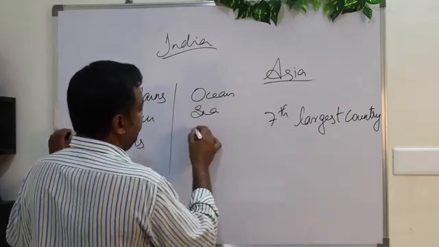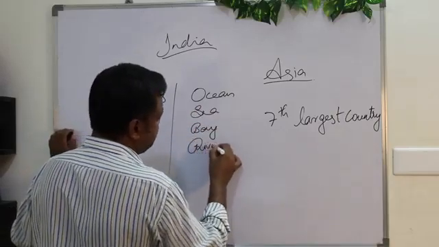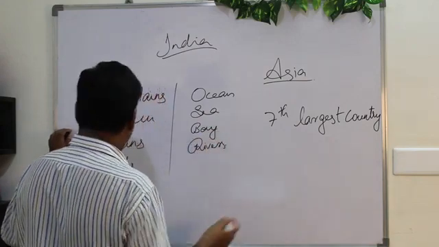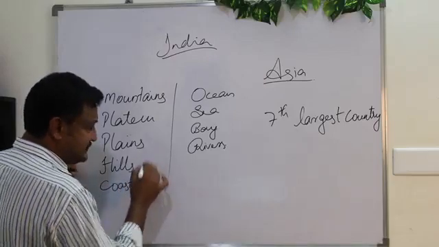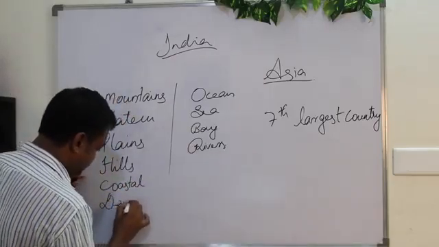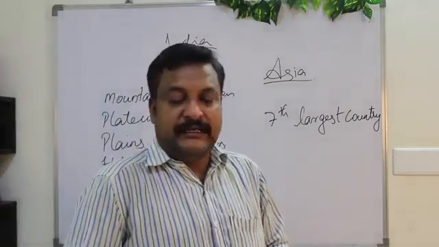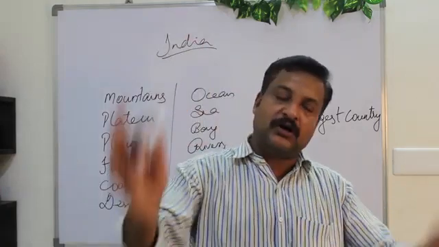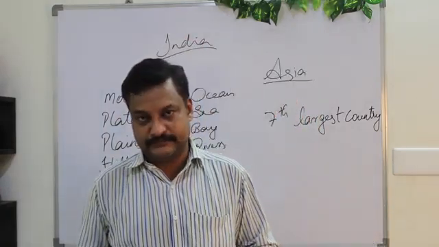We have the Bay of Bengal. We have a lot of rivers. Again, here we have a coastal area, coastal plains. We have a desert. So, India has almost all the major physical features that we can find in the world.